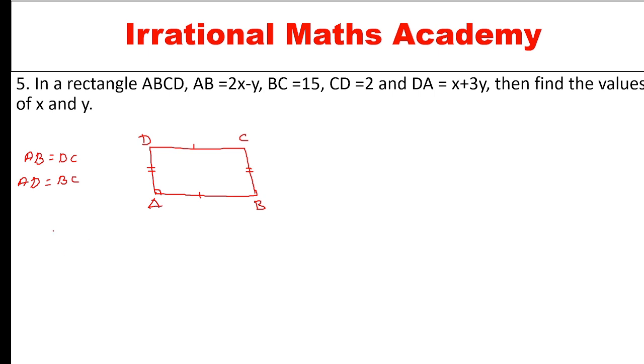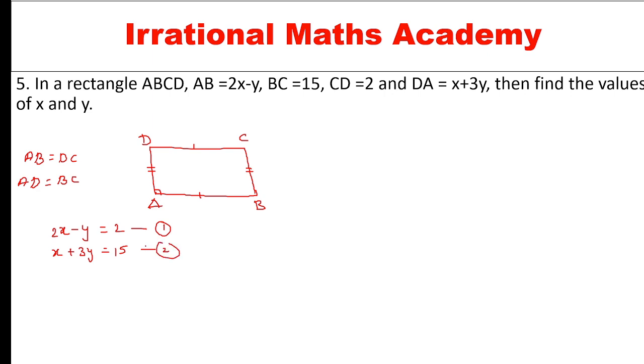So they said AB value is 2x minus y, equal to DC, which is 2. We got one equation. Next, DA value is x plus 3y, equal to BC, which is 15. So this is my equation 2.